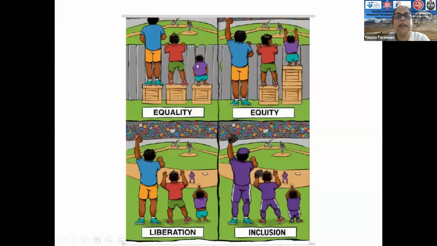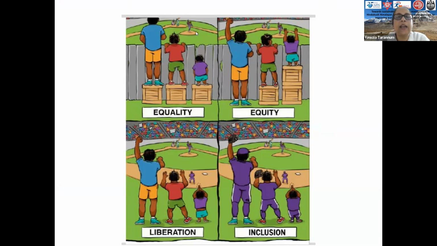So this is a very brilliant example of what I always say about equality and equity. You look at these three people, there's a difference in height, just as there is a difference in economic status. There could be a difference in their sex, in their age.